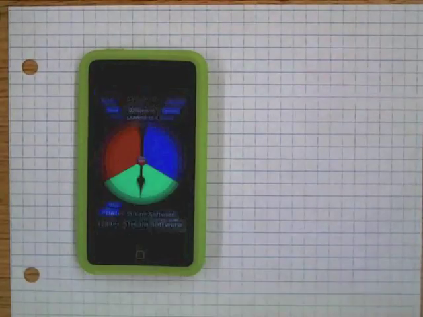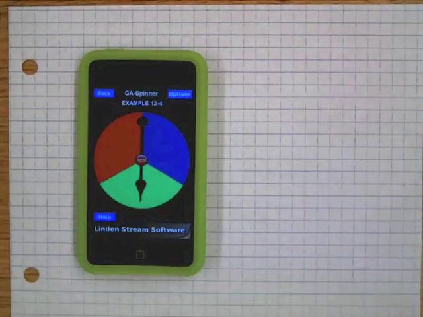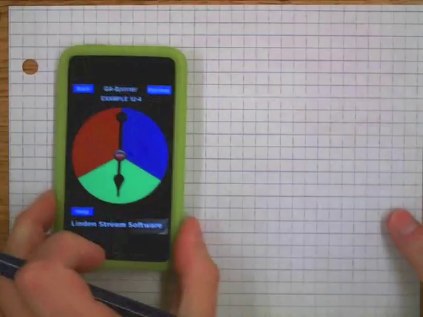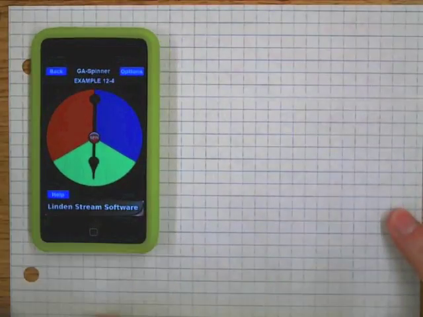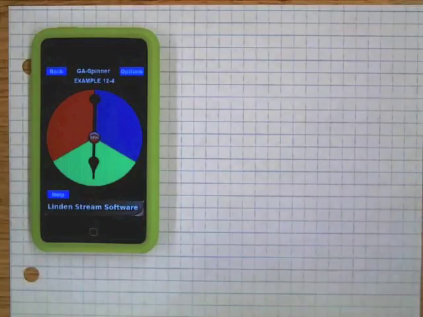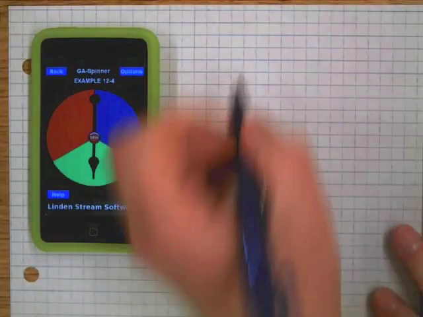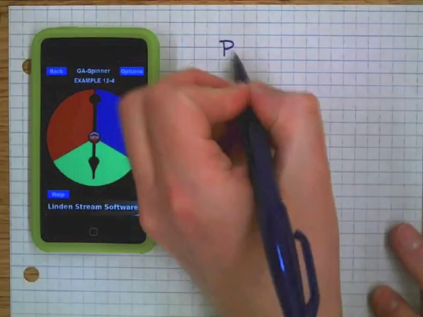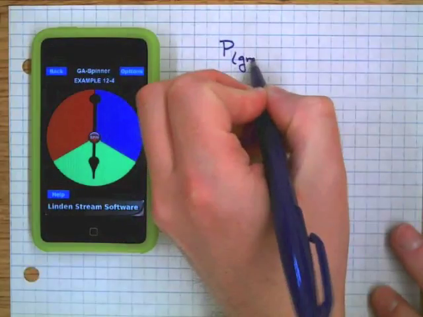Let's say we want to know the probability of our spinner landing on green, and this is the green area right here. It may look a little yellow on your screen. So we want to know the probability of it landing on green.